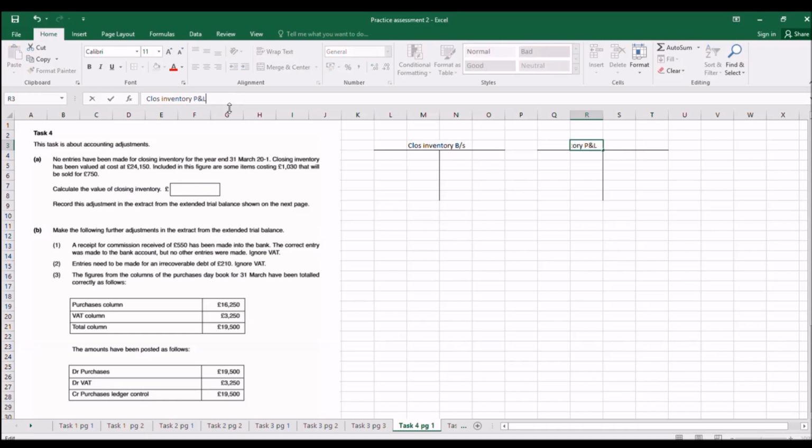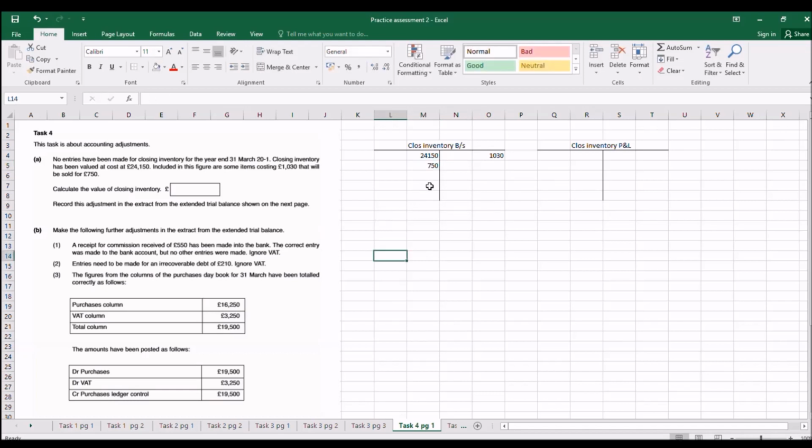account. Okay, closing inventory has been valued at 24150. So that will be what the cost of it was, plus any kind of absorption that we got. Including in this figure, some items costing 1030. Here's where we come with a point where it's not going to be worth as much, but it can only be sold for 750, so it's not actually worth that.